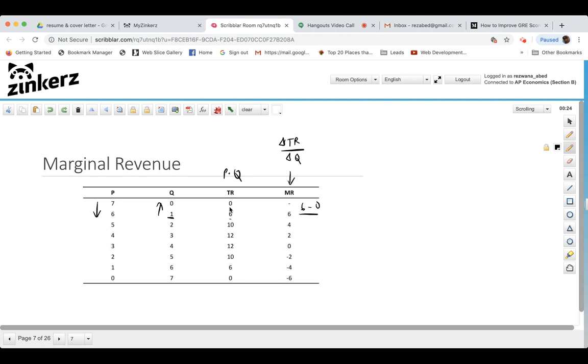If you haven't sold anything, that's 0. It's 6 minus 0 divided by the change in quantity, which is 1 minus 0. So that gives you 6. So therefore, that's how we got these marginal revenue numbers for every single quantity. We can do the same thing. So what do you notice about marginal revenue? What are some things you notice?